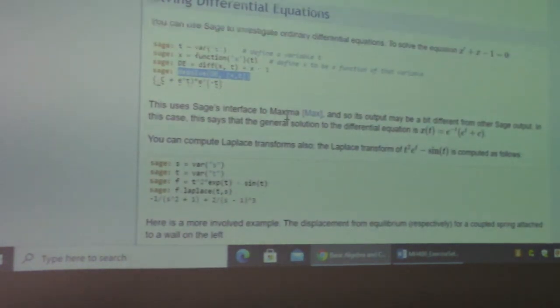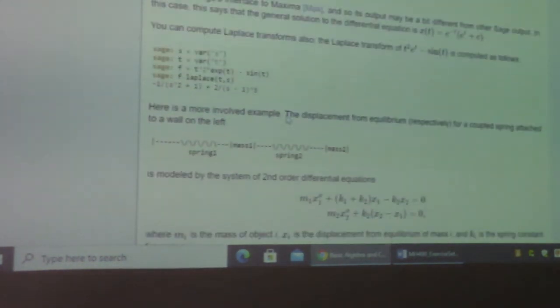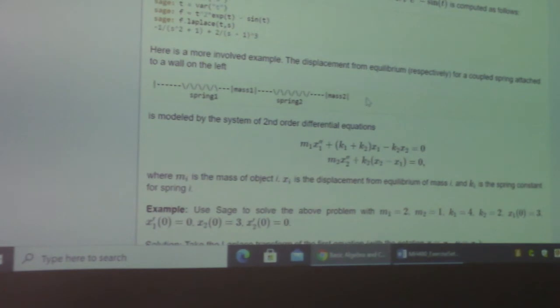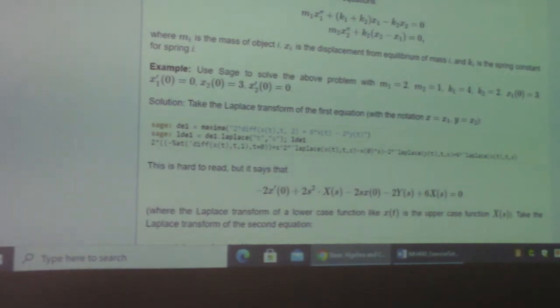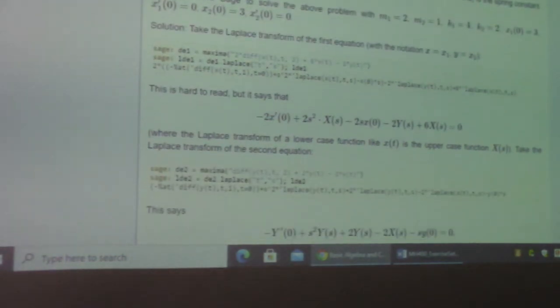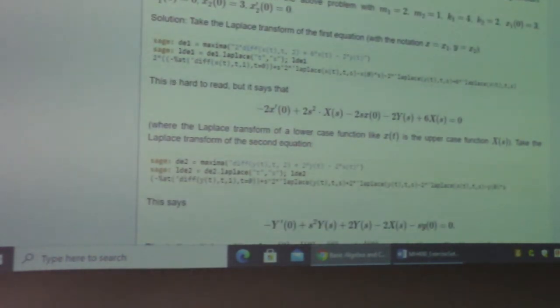Laplace transforms. We'll skip that. Laplace transform is something you study in differential equations. I'm guessing next he's going to show us how we can solve systems of differential equations. Fancy. It's hard to read.